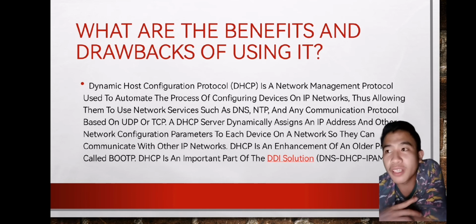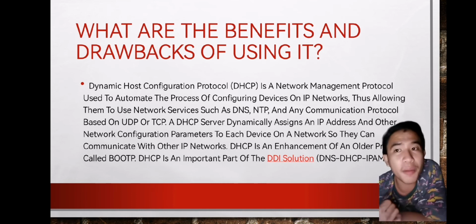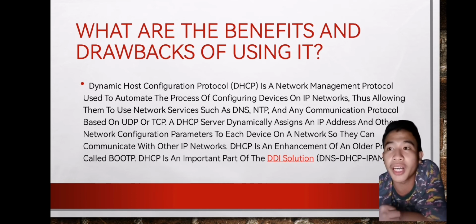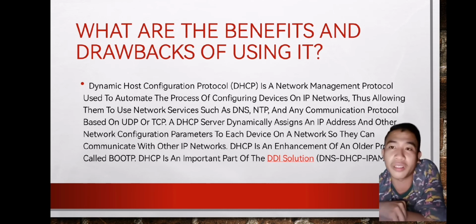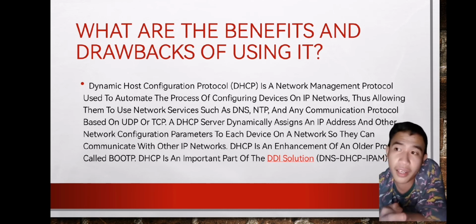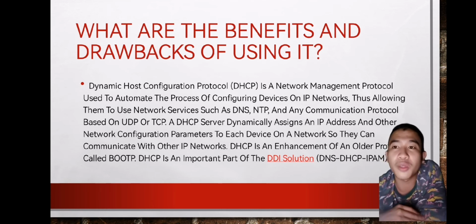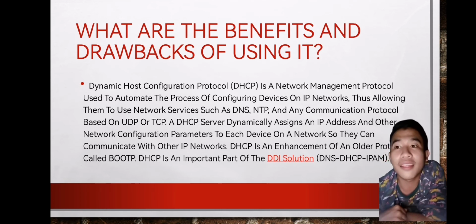What are the benefits and drawbacks of using it? Dynamic Host Configuration Protocol, or DHCP, is a network management protocol used to automate the process of configuring devices on an IP network, thus allowing them to use network services such as DNS, NTP, and any communication protocol based on UDP or TCP.